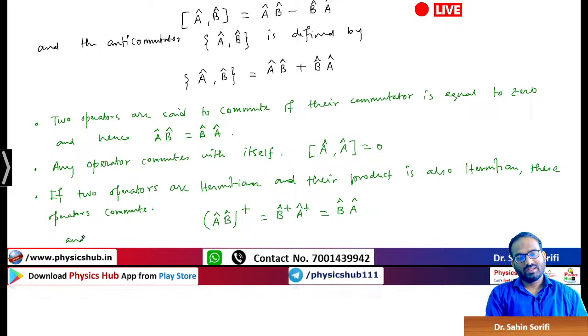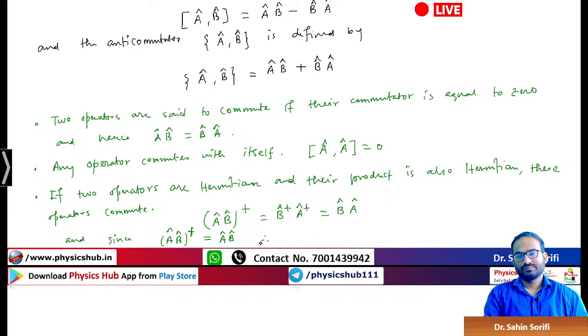On the other hand, since the product is also Hermitian, (AB) dagger must be equal to AB. So (AB) dagger is equal to BA, and (AB) dagger is also equal to AB.